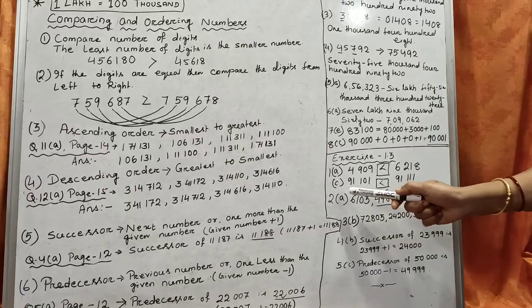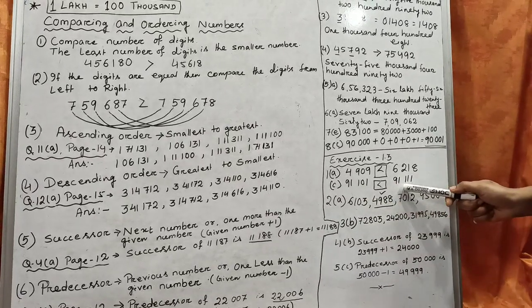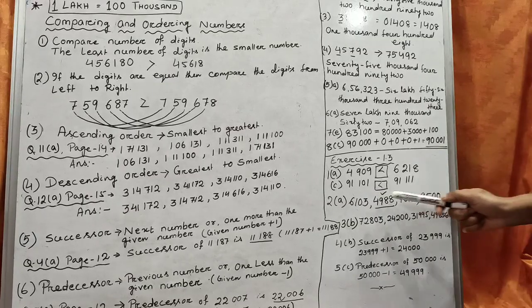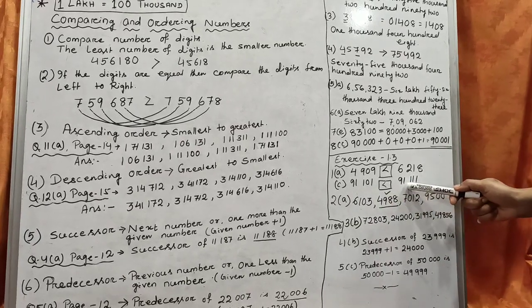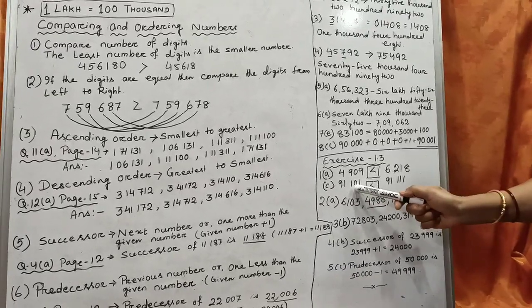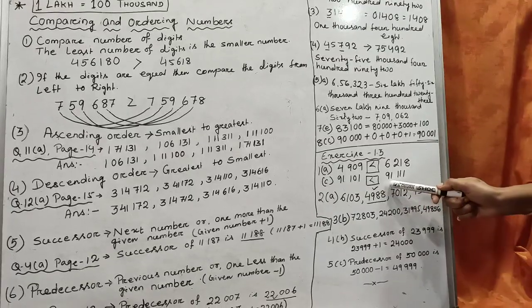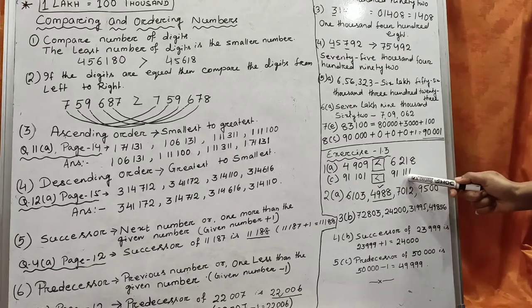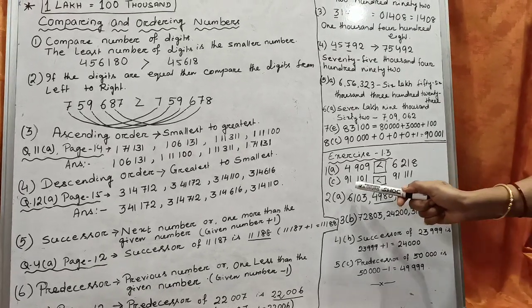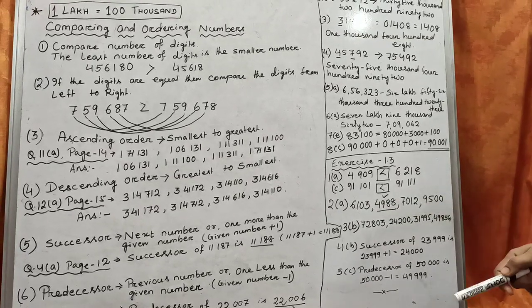Then 1C: 91,101 and 91,111. The thousand place is the same, 91 and 91. Hundred place, 1 and 1 are the same. Tenth place, 0 is here, 1 is here. 1 is greater than 0. So this number 91,111 is greater than 91,101. So here you have to put the greater than sign.